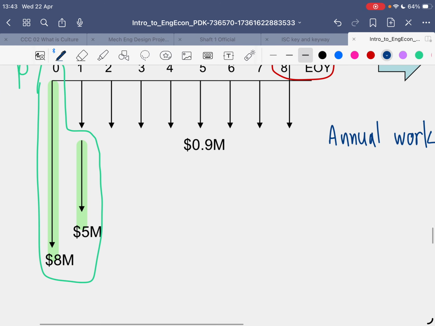Basically, they are the same thing. You can do either way. I say again, the annual worth is equal to the capital recovery plus annual operating cost.